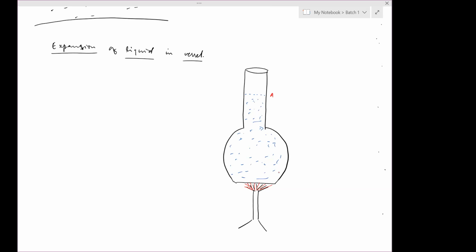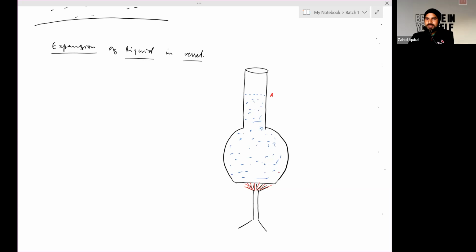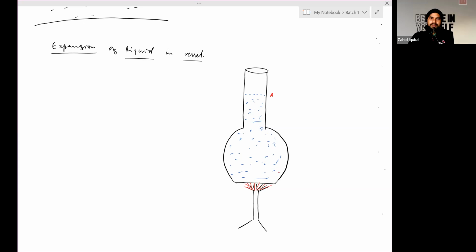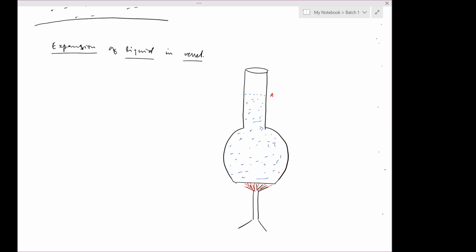Sir, it will remain the same. So on heating, there will be no expansion of liquid. It will expand, but after some amount of time. Okay. So I'm just considering on giving heat to it so that it starts expanding. So will the level of liquid increase or decrease? Sir, it will increase. Okay.